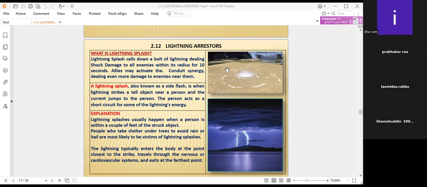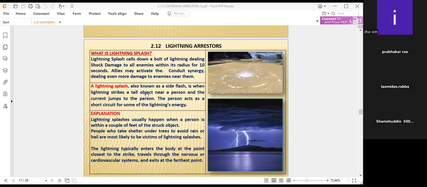Therefore, in the remote areas, if any person is near, the person will definitely be affected by the lightning flash before the tree is affected. The nearby object is affected first. It jumps to the person first.